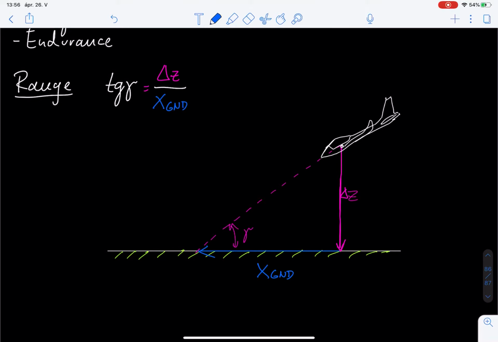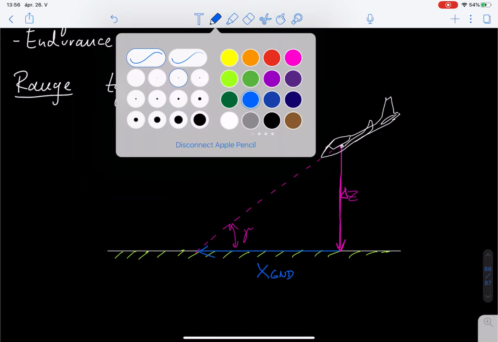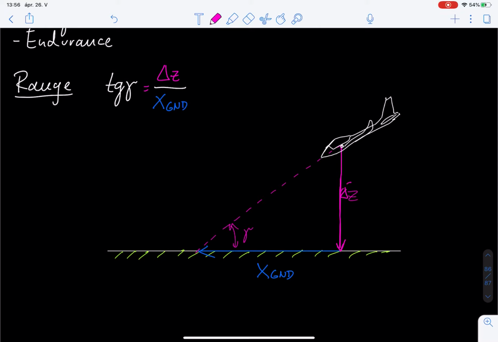Or in other words, from losing a given amount of vertical distance, so losing a given amount of altitude, how far will you get? What is the horizontal distance that you can cover relative to the ground?